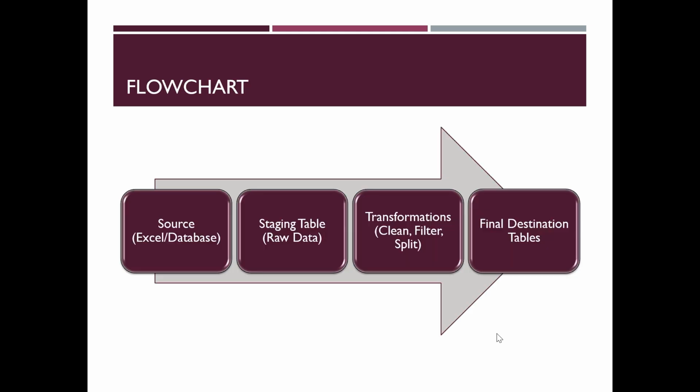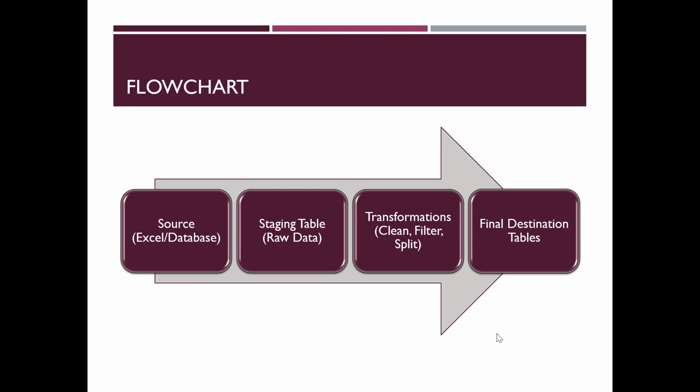So before going to the flowchart, first we understand ETL. In our previous videos, I already explained ETL. ETL is extract, transform, and load. In enterprise data projects, extract means pulling data from various sources. Sometimes it is databases, sometimes we get manual Excel files, and sometimes we get data from APIs also.